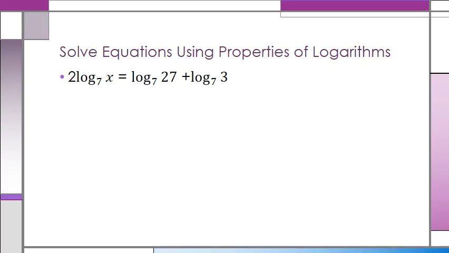Well, all right. Now we get to use our skills to solve equations using properties of logarithms. So we have 2 log base 7 of x equals log base 7 of 27 plus log base 7 of 3.